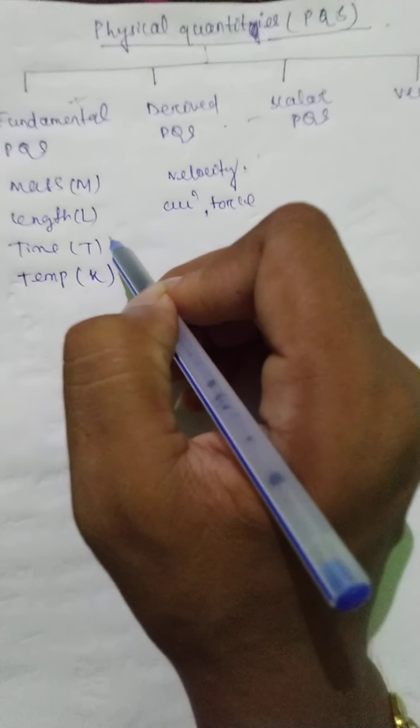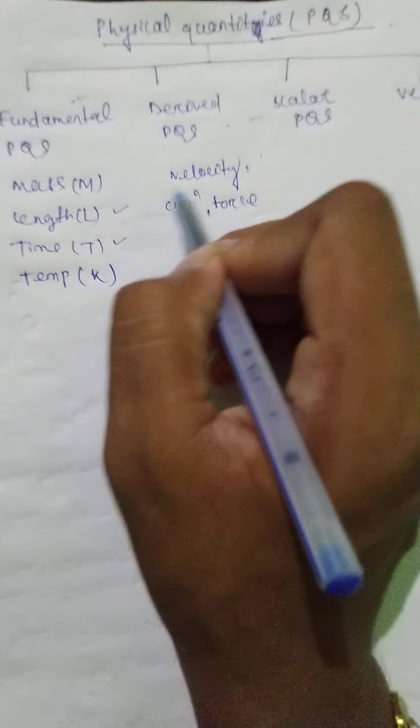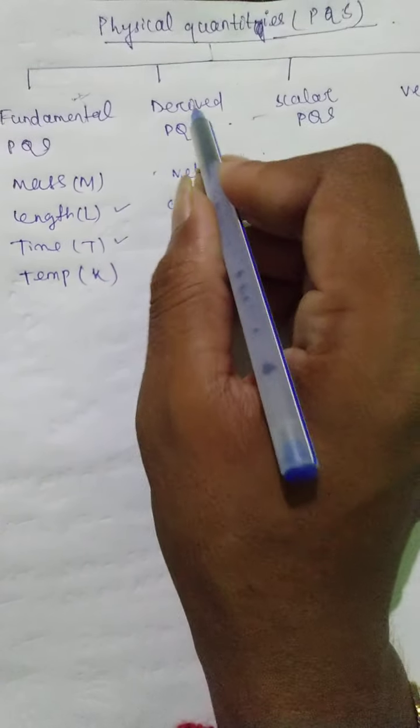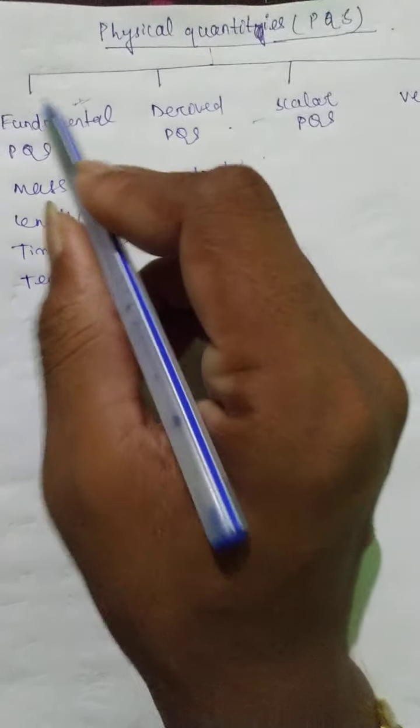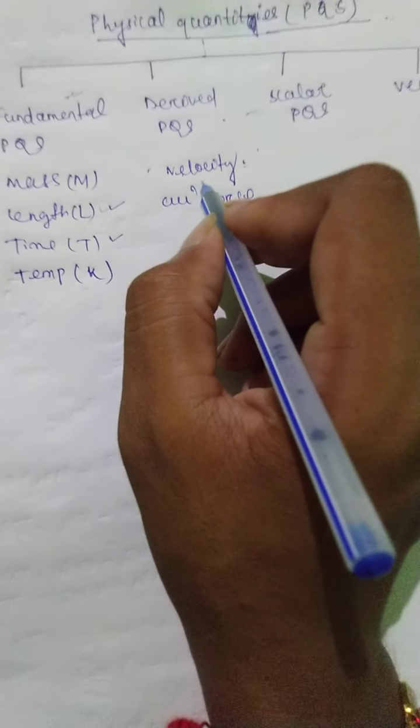Distance travelled is measured by length and time is t. Then we find velocity, a derived physical quantity from the fundamental physical quantities length and time. Okay. Then another is acceleration, force, velocity, and some other derived physical quantities.